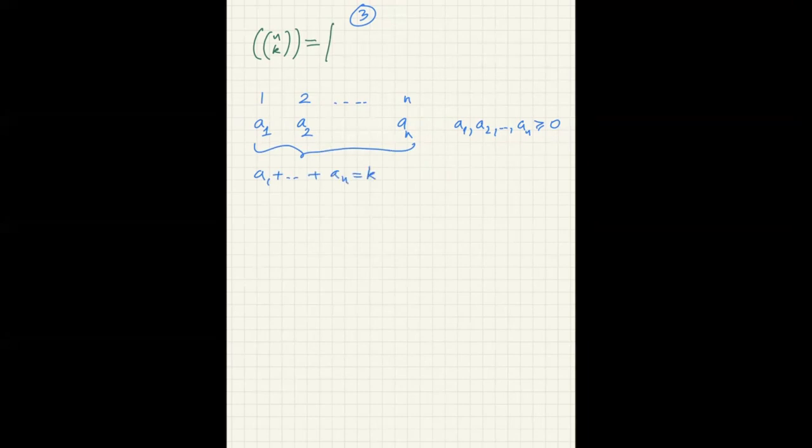So from the definitions, it follows that this parameter equals the number of n-tuples (a1, ..., an) such that a1 plus ... plus an equals k, and a1, a2, ..., an are greater or equal to 0. This is a little bit different than the notation that we used in the previous lecture, where I think n and k were switched. So just pay attention to that.